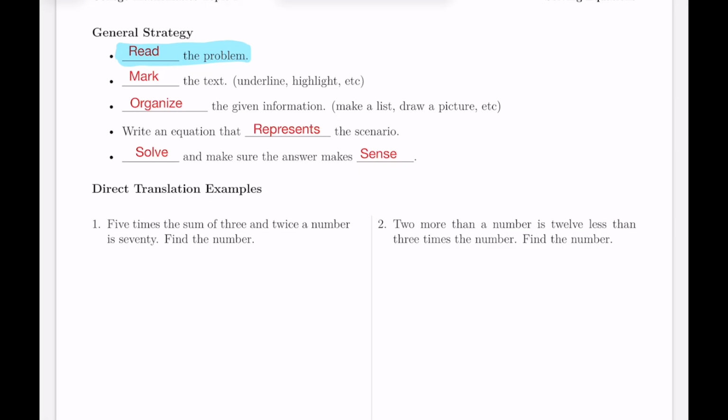So please make sure you understand, what should my answer look like? Am I solving for a number of cars? Am I solving for how fast a car is going? Am I solving for a number of hot dogs eaten? Am I solving for a number of hot dogs eaten per hour? Like, make sure you understand what the question is asking. So please read it and identify the actual question.